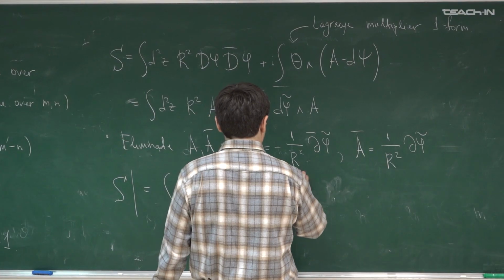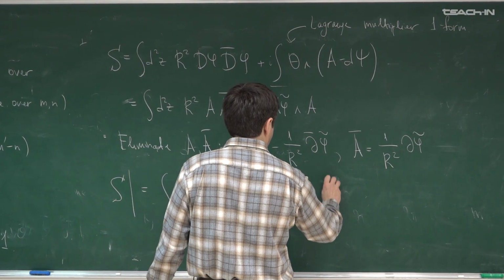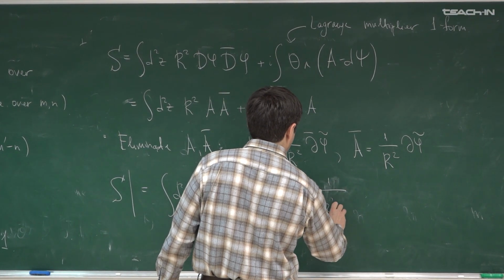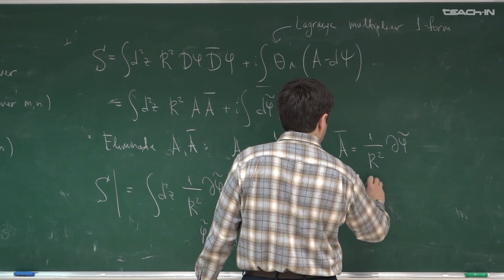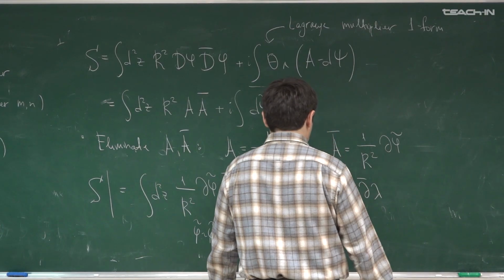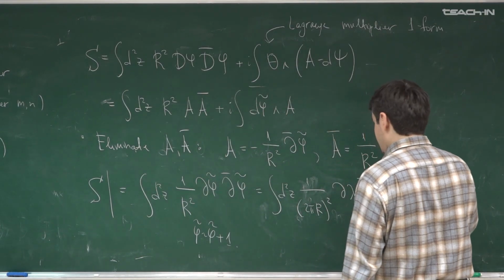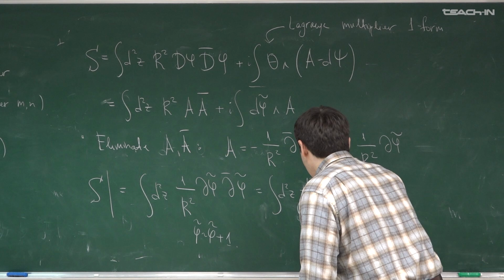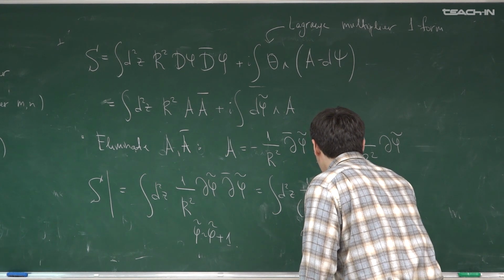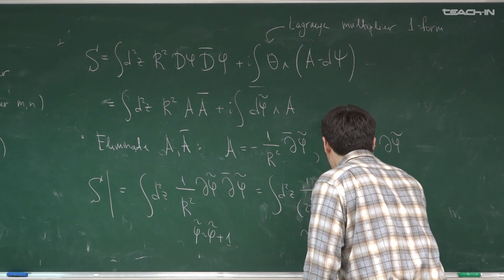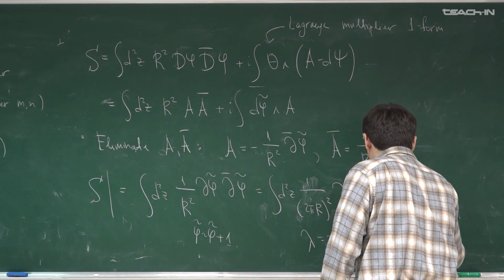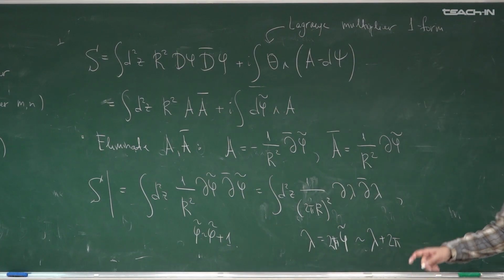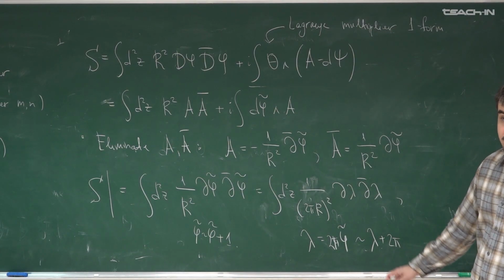So this can be written as d to z, 1 over 2 pi r squared, d lambda d bar lambda, where lambda is 2 pi phi tilde, and this is identified with lambda plus 2 pi. So we just introduce a variable which has the same periodicity as the original variable, that is to say 2 pi.